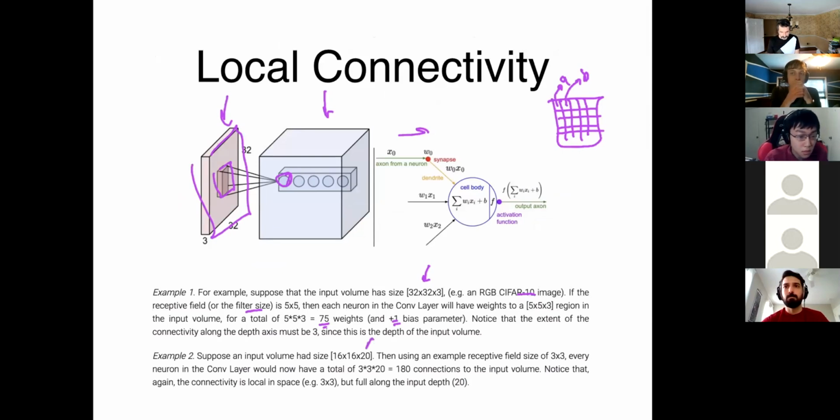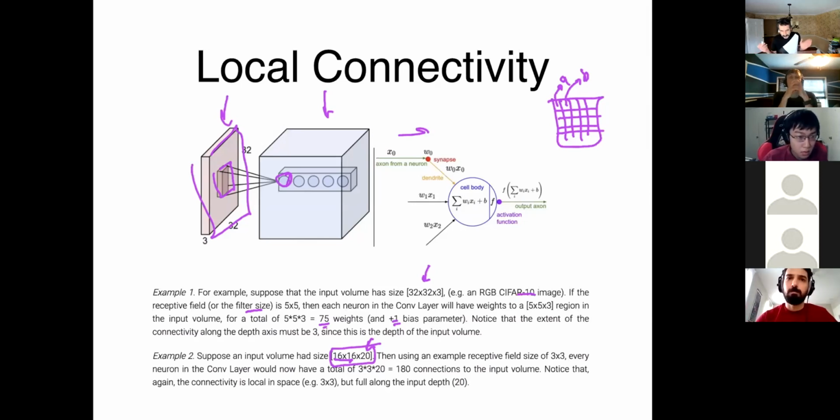Right. So this example talks about this. You have an input of this size. Imagine that you're in the middle of your architecture, and you have a tensor of this size as your input. You produce a volume of 16 by 16 with depth 20.